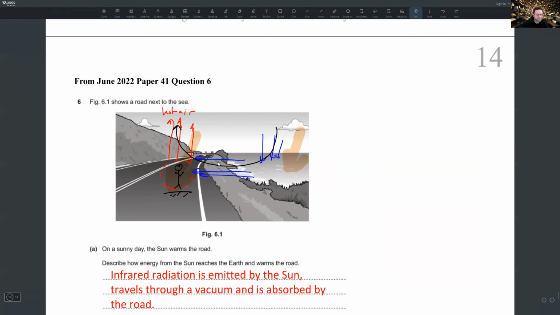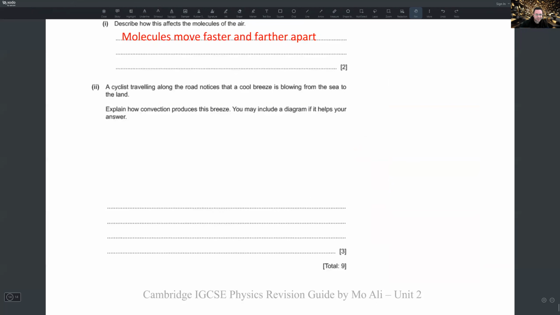So what are we going to say? The air above the road rises because it's less dense. So you've got cool air from the sea coming in to replace it. You don't have to draw.